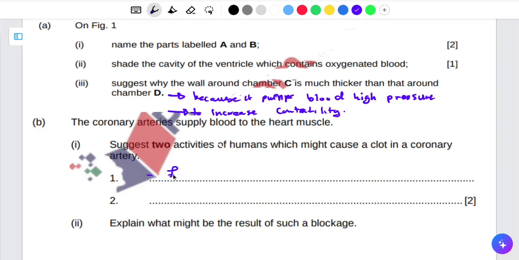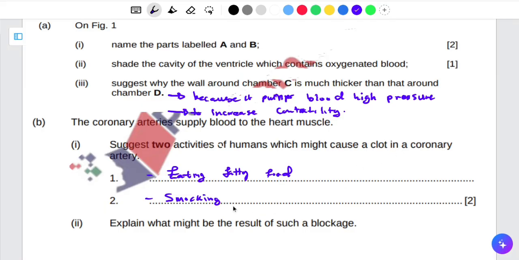So eating fatty foods can contribute to clotting of coronary arteries. Apart from that, smoking. Smoking is a bad activity in that it causes clots in the coronary artery.